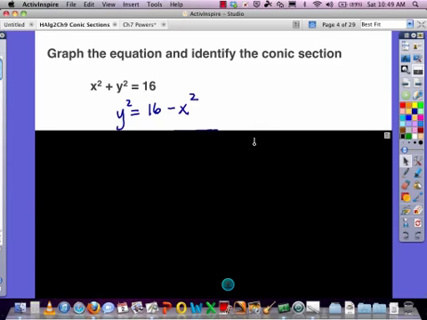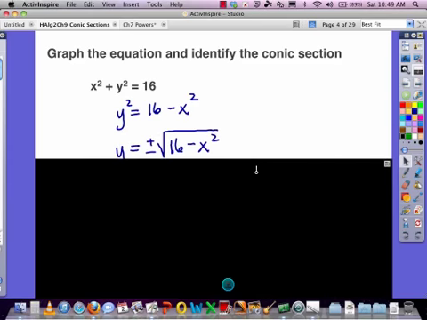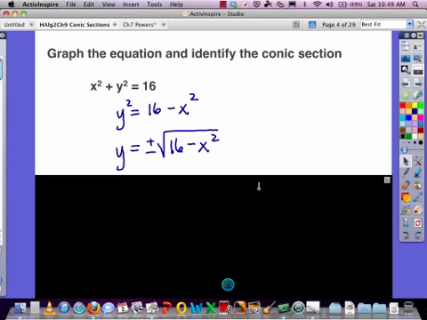Make it negative, we now have a y squared. So y squared needs to be square rooted. And when we do that, we get the equation y equals plus or minus the square root of 16 minus x squared. Now, you should be able to go to your grapher. So let's grab that now and do that.